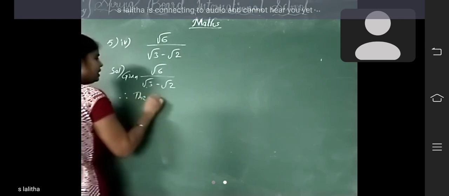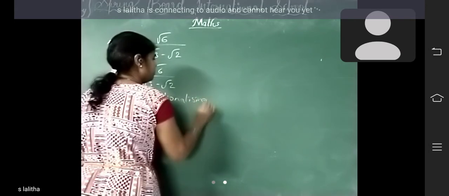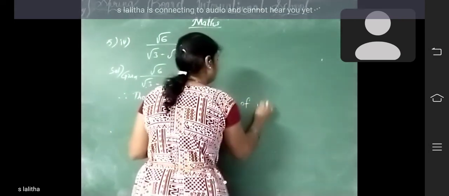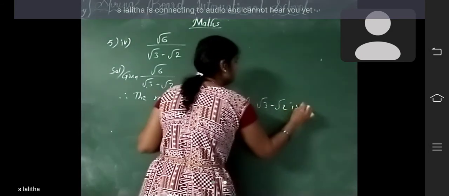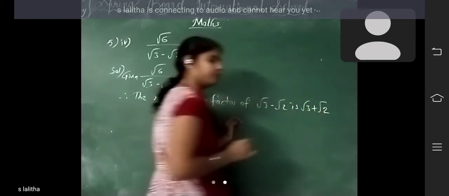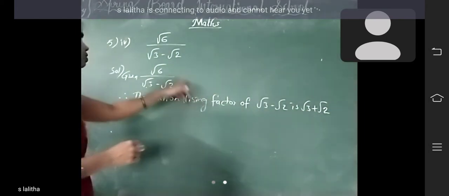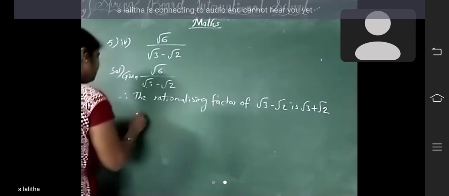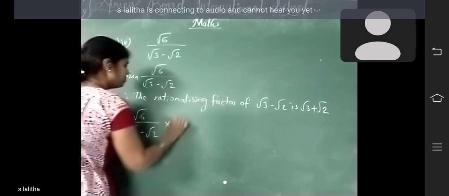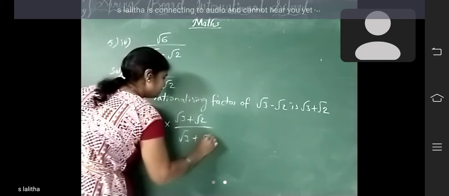Therefore, the rationalizing factor of root 3 minus root 2 is, what is it? Yes, root 3 plus root 2. Now you have to multiply root 3 plus root 2 to both numerator and denominator. Root 6 by root 3 minus root 2 into root 3 plus root 2 by root 3 plus root 2.